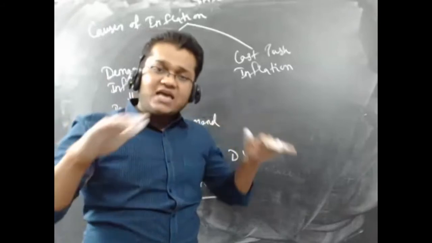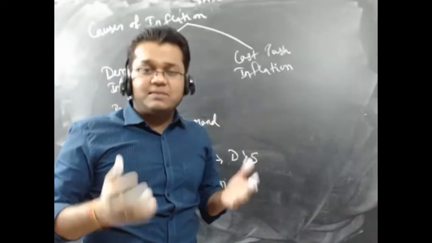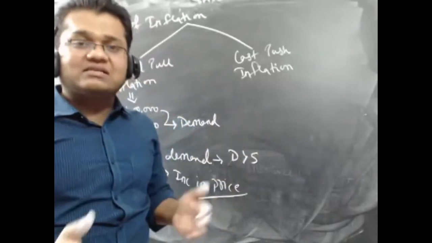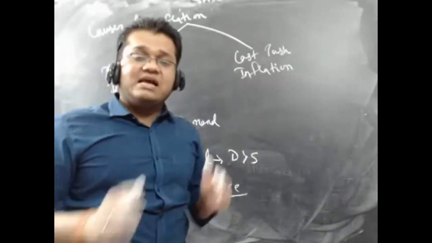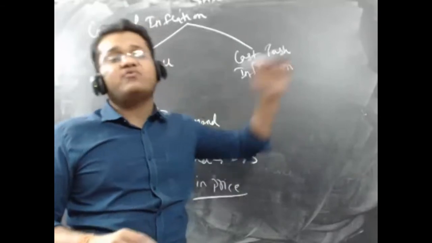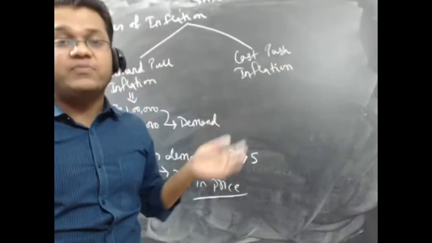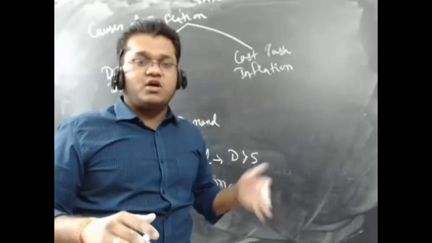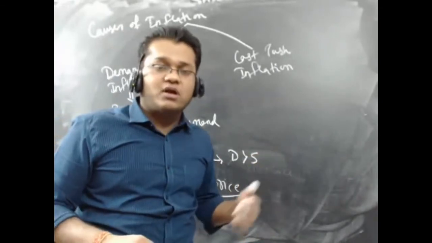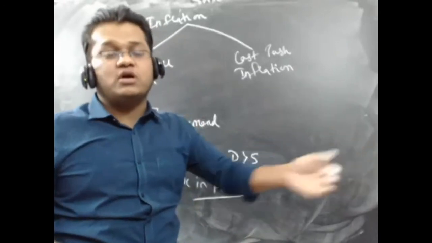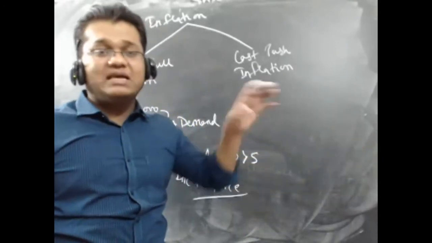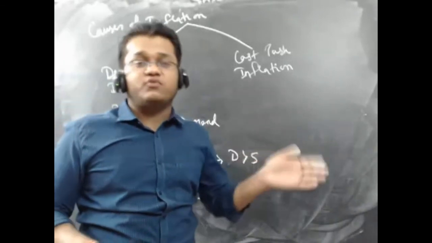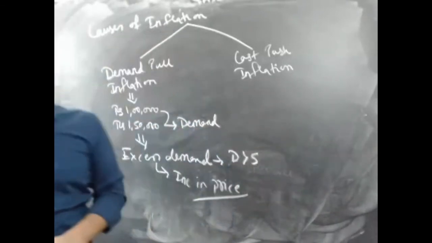Now, the supply of food was static, but the demand for food, especially protein food, increased. So as a result, in 2008, 9, 10, India faced very high food inflation because of this. Income of people had increased, but supply was the same, so more people were demanding the same amount of protein food. India faced high food inflation for 3-4 consecutive years.